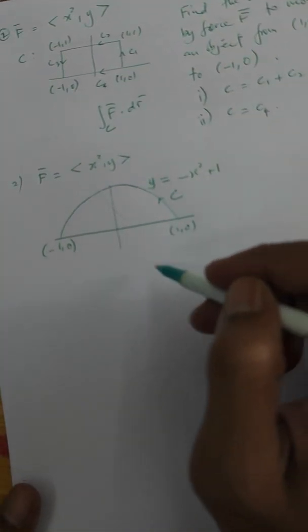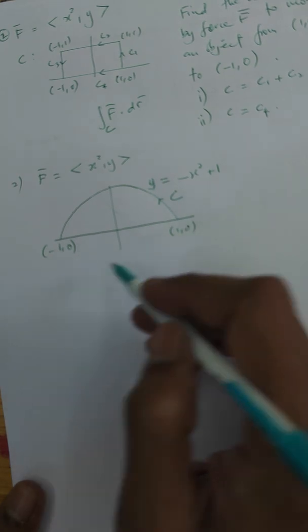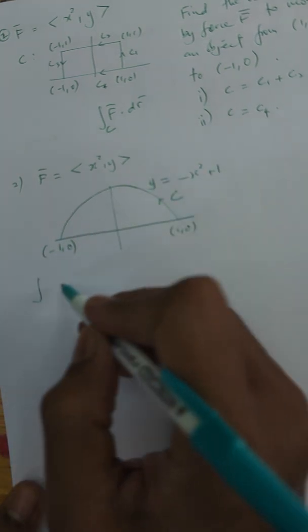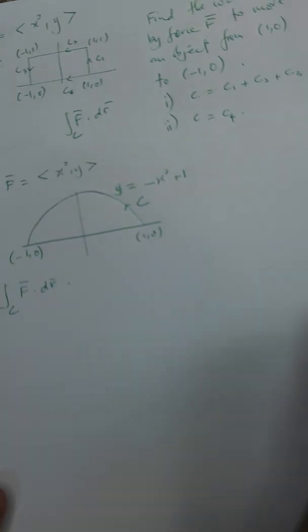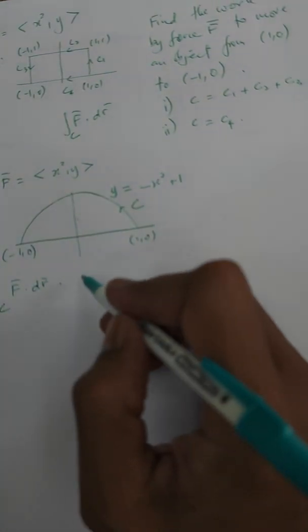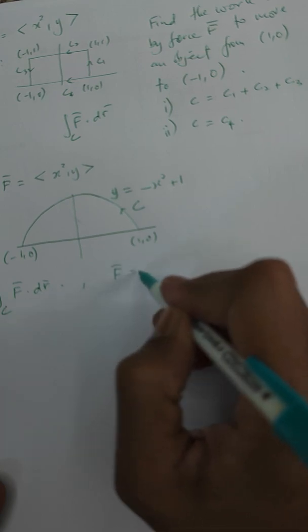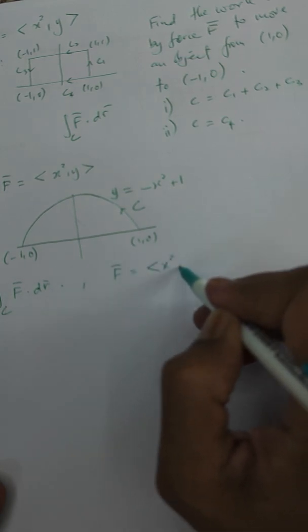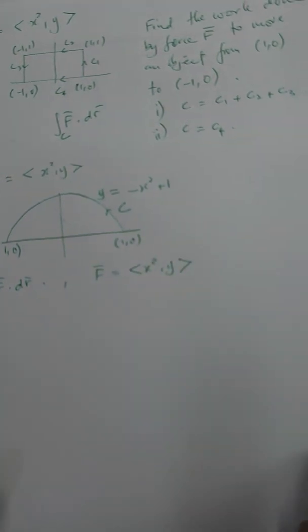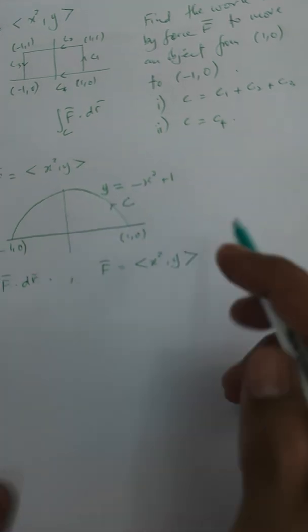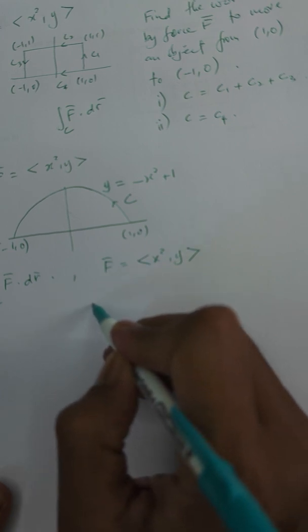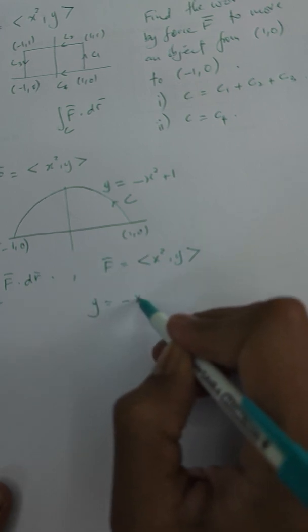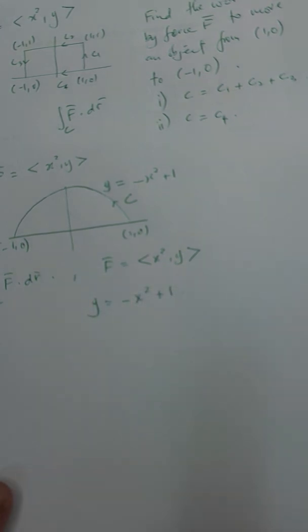So for this, we want to evaluate the integral over C of F dot dr, where your F is given as x squared y. Now you need to change this. Your curve is given in terms of y equal to minus x squared plus 1.